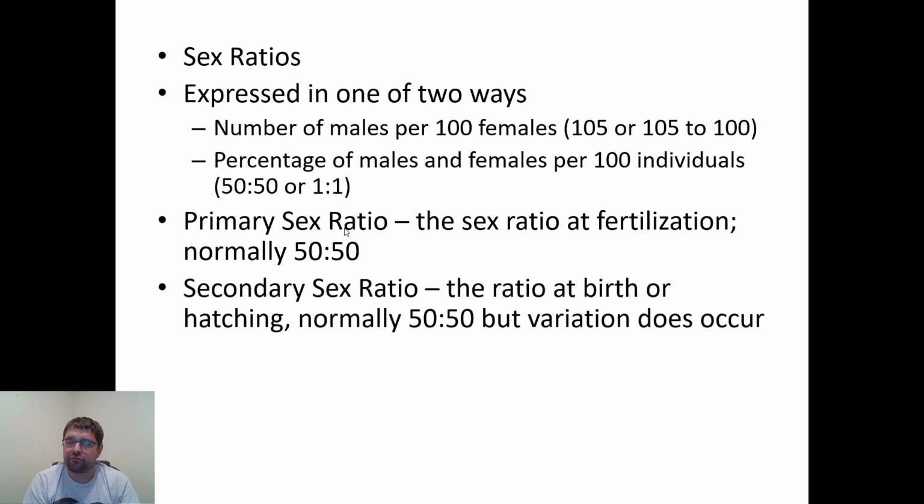The secondary sex ratio is the ratio at birth. It's also normally 1-to-1, but sometimes, due to the development of the organism, a set of genes or a slight manipulation in, say, the immune system can cause a very big skew.